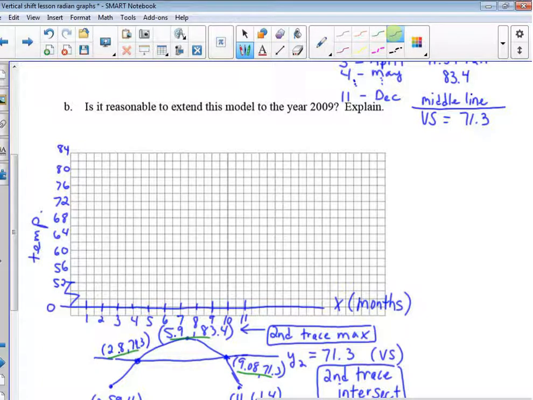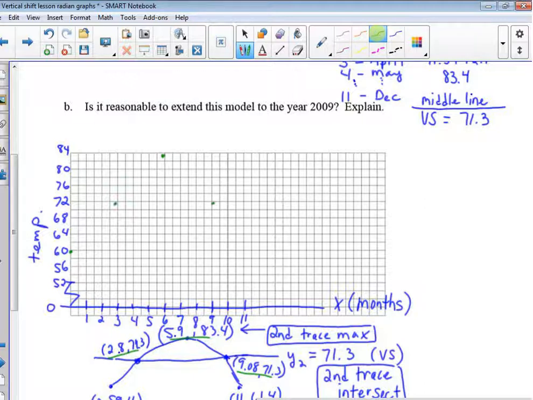So different colors. So at 0, I'm at about 59.4. And then 2.8, 71.3. The max was 5.9, 83.4, so that's way up here. And then 9.08, real close to 9, 71.3 again.